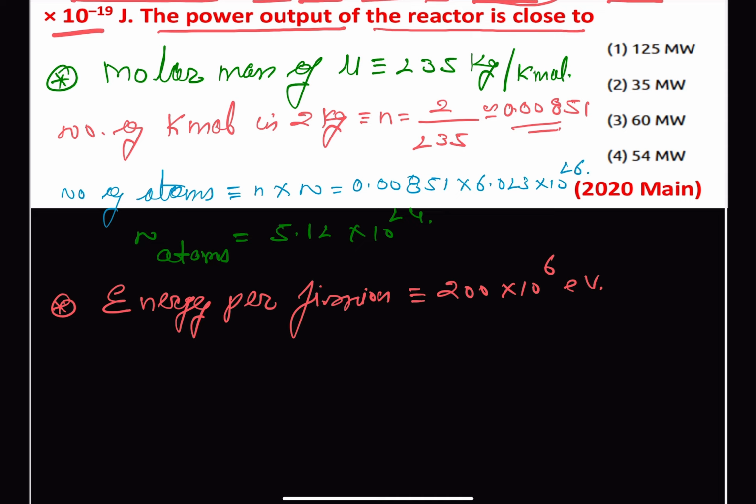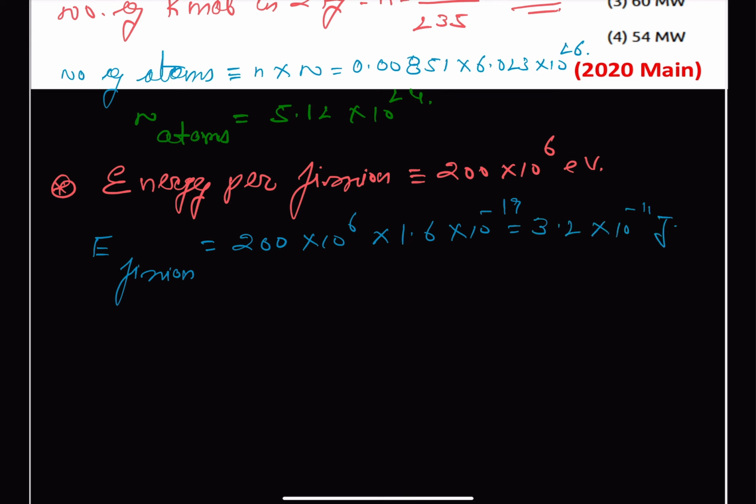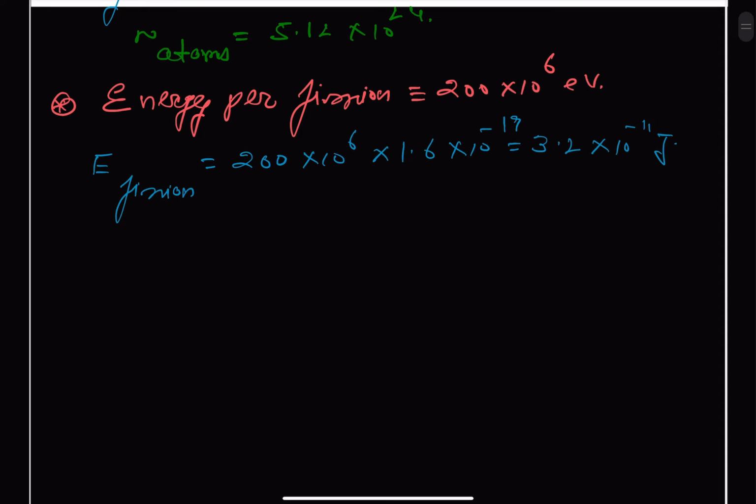Now we convert this into joules. The energy from the fission will be equal to 200 into 10⁶ multiplied by 1.6 into 10⁻¹⁹, and this comes as 3.2 into 10⁻¹¹ joules.